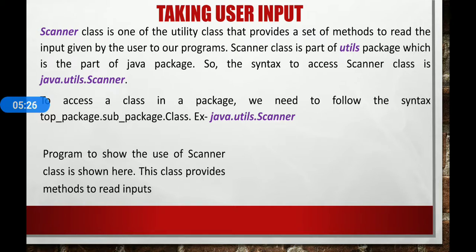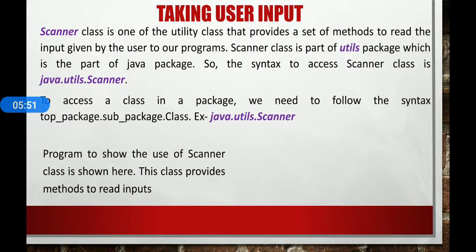To access a class in a package, we need to follow the syntax: top package dot sub package dot class name. For example, java.util.Scanner. All package names in Java contain only lowercase letters, while class names begin with uppercase letters.